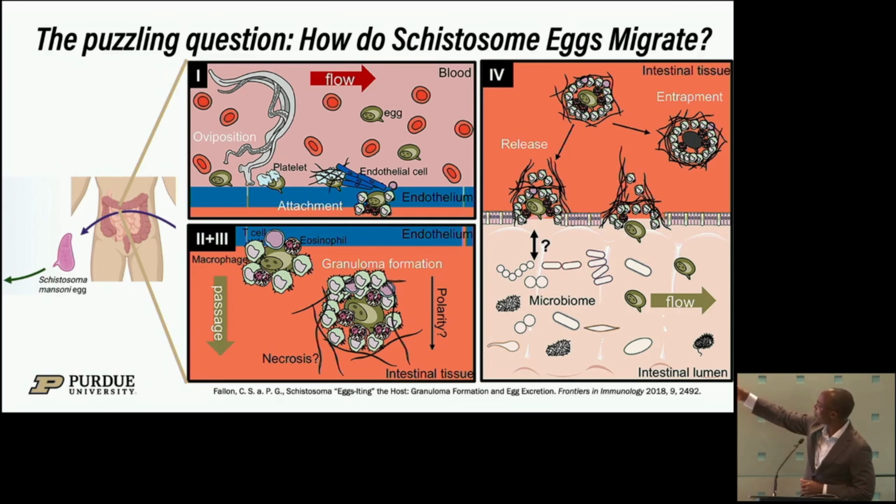Some get entrapped, some get penetrated through, they get released, and they go to the feces, and they go back to the snails. So this is a very complex process, and we still don't understand how the eggs, without legs and hands, actually transit through the tissues and back to complete the process.